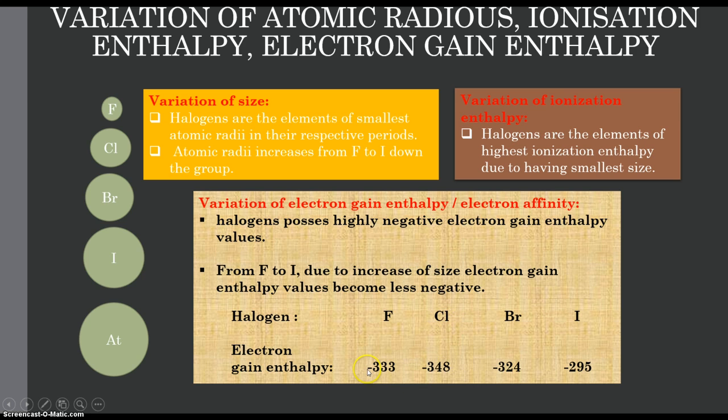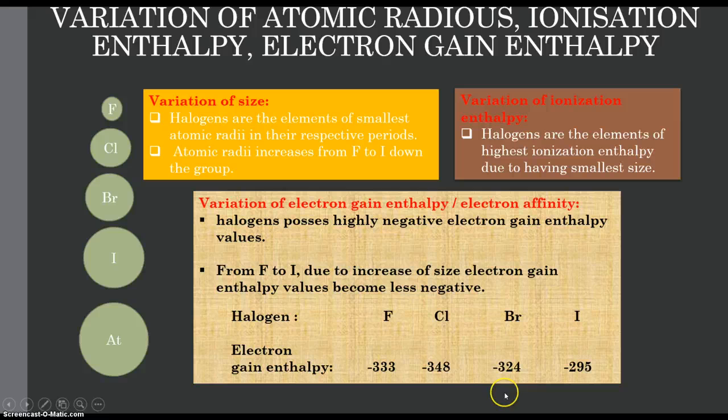This anomalous data of electron gain enthalpy of fluorine and chlorine is due to a particular reason. The reason is, as we know, fluorine is the smallest size atom. We can say that fluorine is the element of highest charge by radius ratio, because if radius decreases, charge by radius ratio increases.